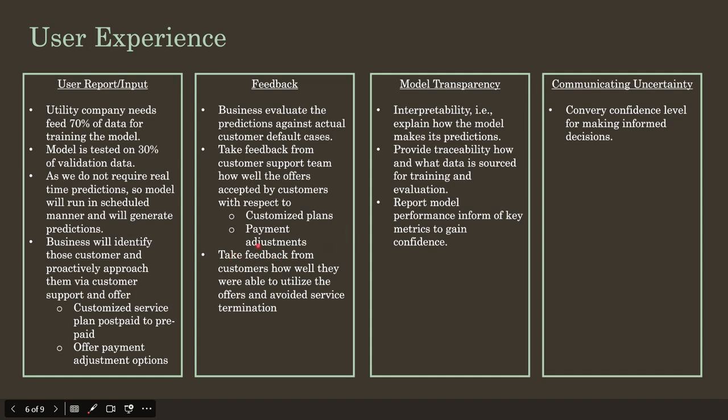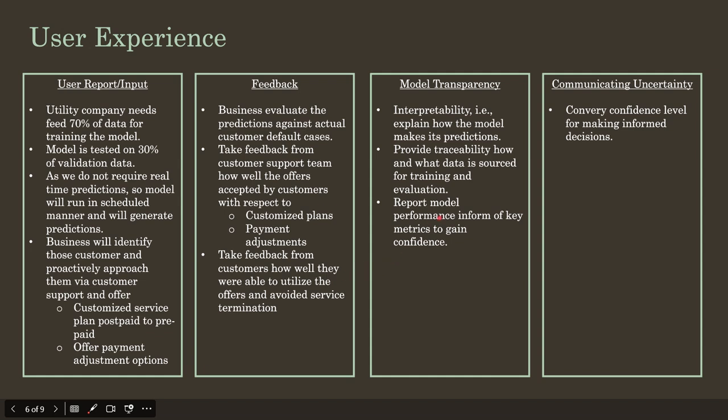At the same time, we take the feedback from the customers who defaulted and were benefited by the services we'll be offering as part of the outcome of this model, and help them to avoid any sort of service termination in the longer run.